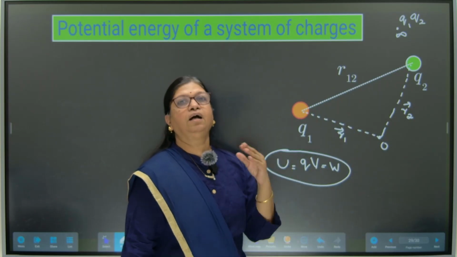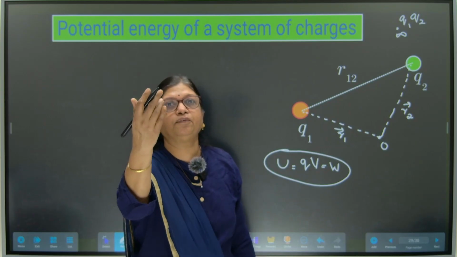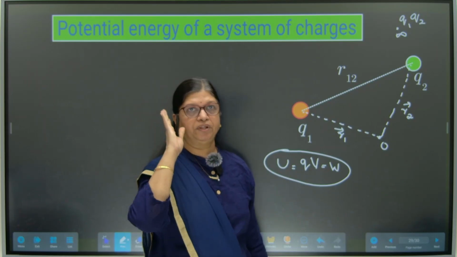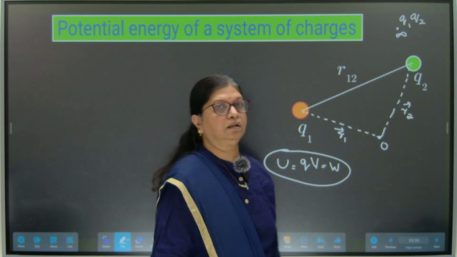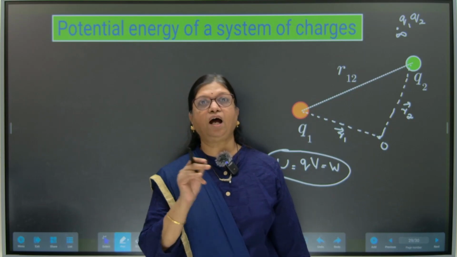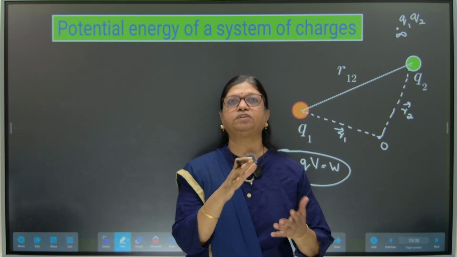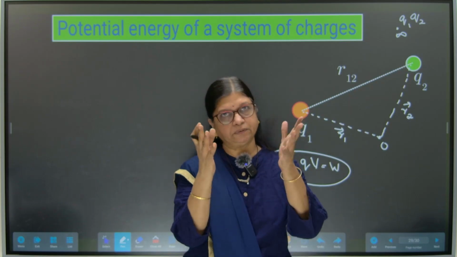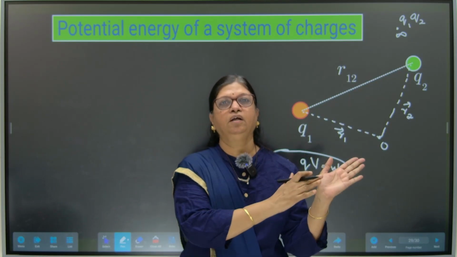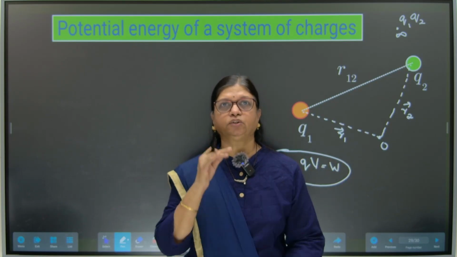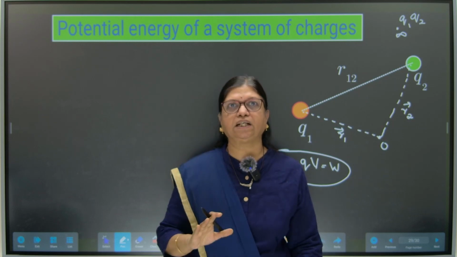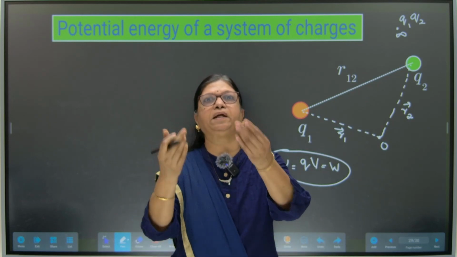For that, let me bring the first charge Q1 from infinity. Now, the word 'associate' is used in questions. Associate means bringing the charges to a given configuration where I want them. So let us first understand how to bring two charges, and then three charges and four charges will become easier.